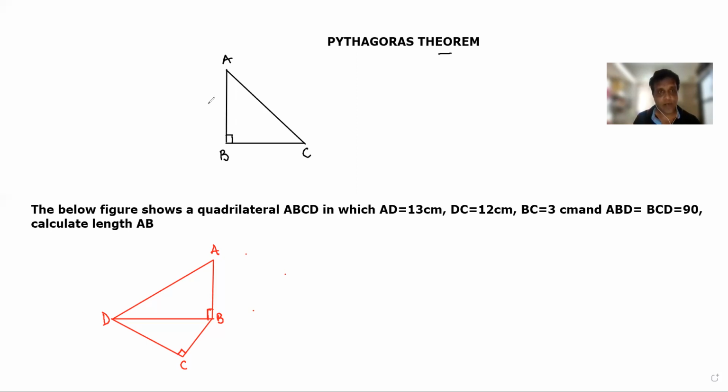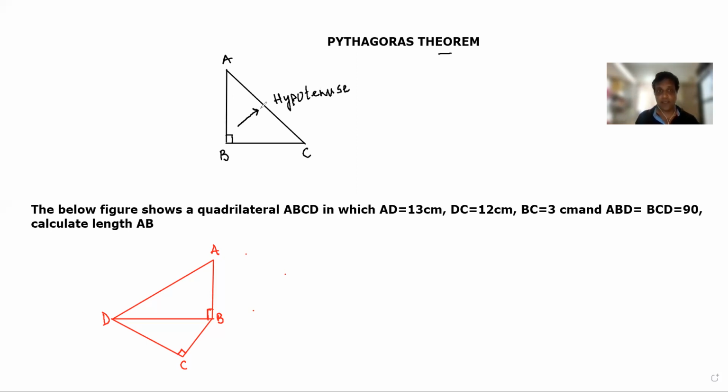Now, in a right angle triangle, there are three sides. The two sides, AB and BC, are perpendicular to each other. And then there is a side which is a slanting side, which in this theorem we are going to call the hypotenuse. This is called hypotenuse.